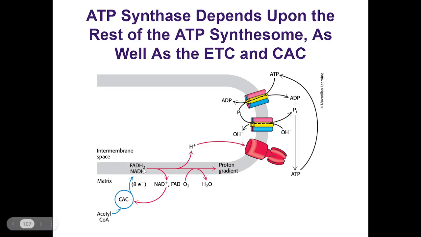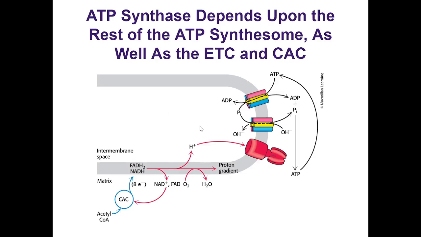That transfers electrons onto NAD plus and FAD to give you FADH2 and NADH. That feeds the proton transportation. That proton transportation is actually what ends up taking the oxygen and going to H2O in this process. That proton gradient is what drives these synthases and the ATP synthasome.